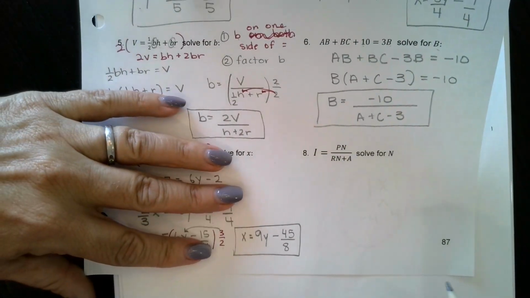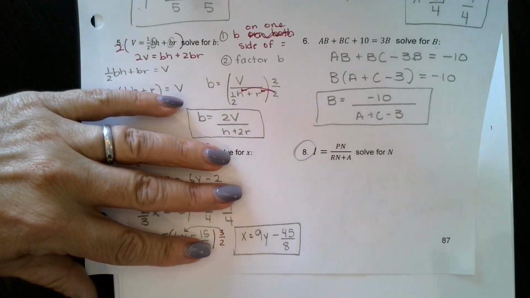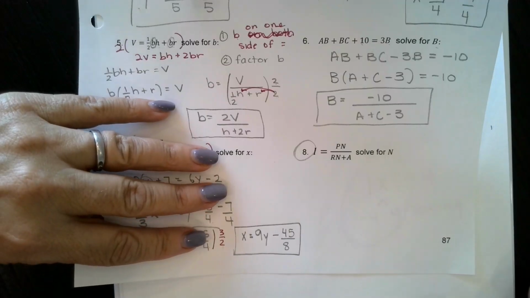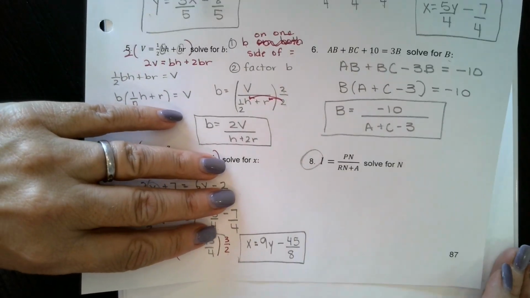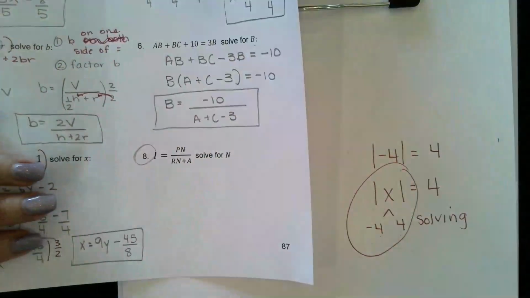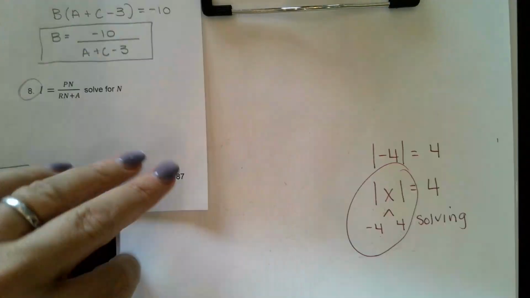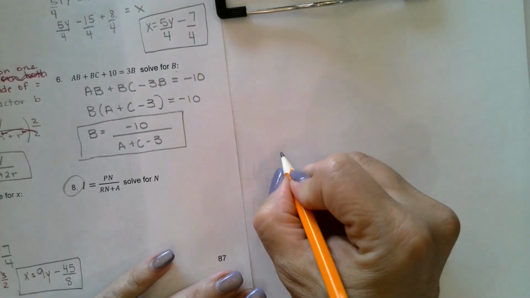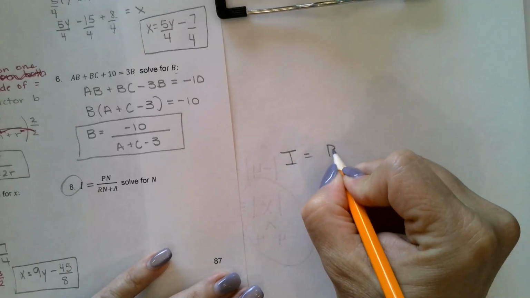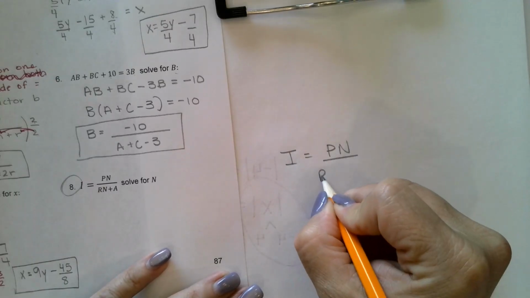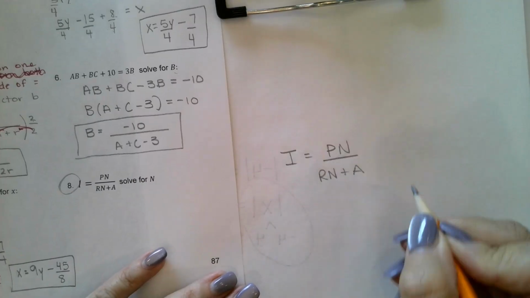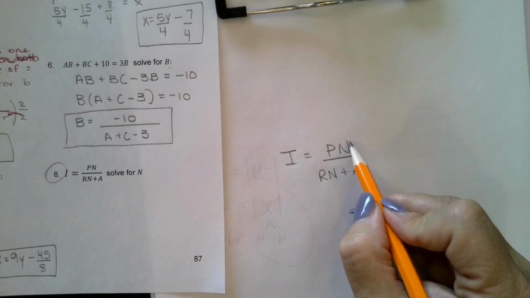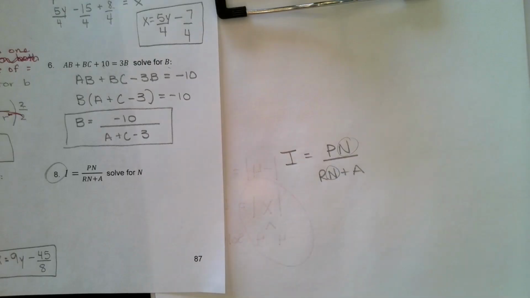Okay, now this number 8 here is probably the hardest problem that we can do. I'm going to do this on paper, so I'm just going to move this over. Flip this over here. So my equation is I equals Pn over Rn plus A. Okay, and I'm solving for n, so I have an n here and I have an n here.